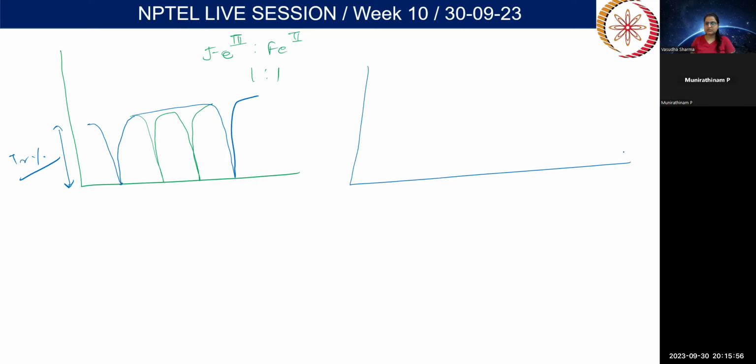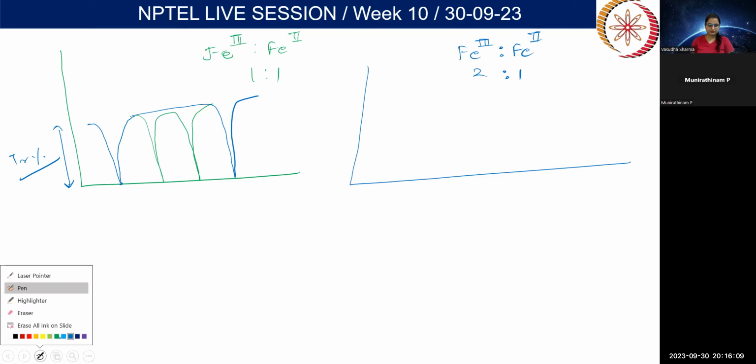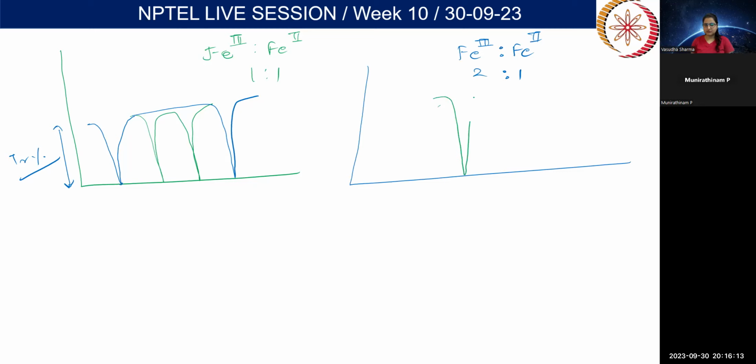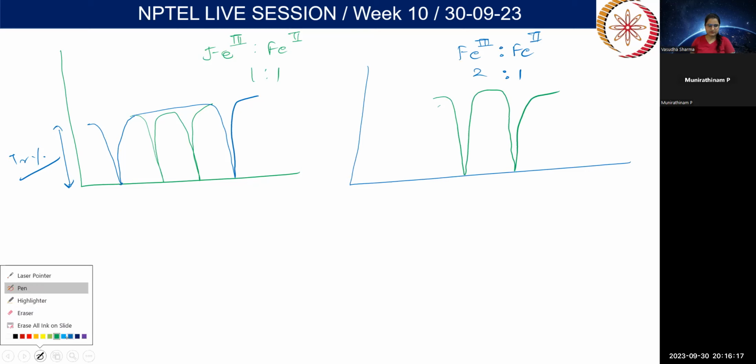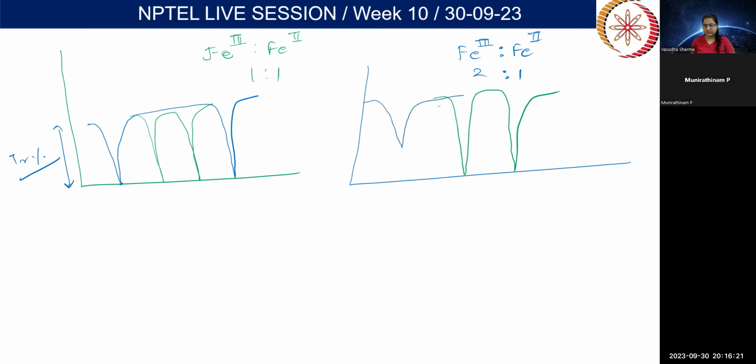Whereas in the second case, Fe3 is to Fe2 as 2:1. So the Fe3 is 2 times more than the Fe2. So therefore, we have Fe3 like this way, which is the inner one, and Fe2 has to be half of the intensity that we were seeing.